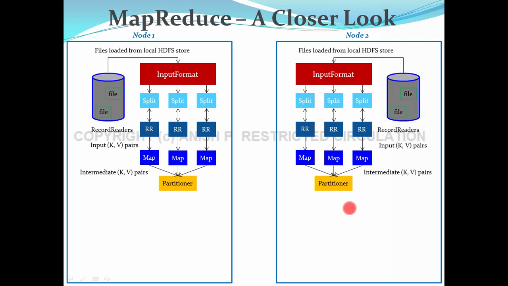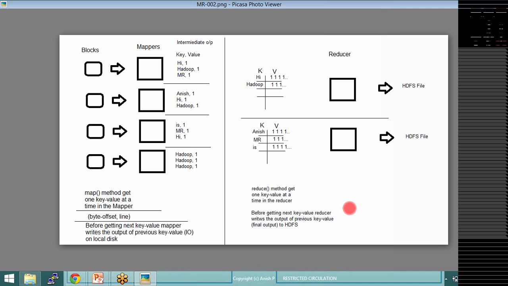It will send, surely. So if I am having the word Hadoop 1 lakh times or 1 million times, I'll have 1 million key value pairs.